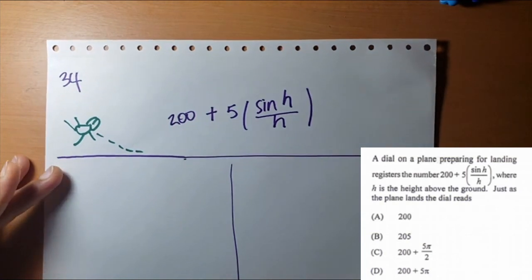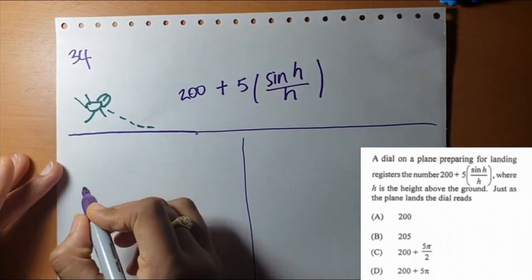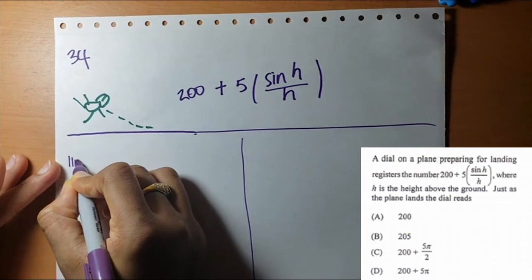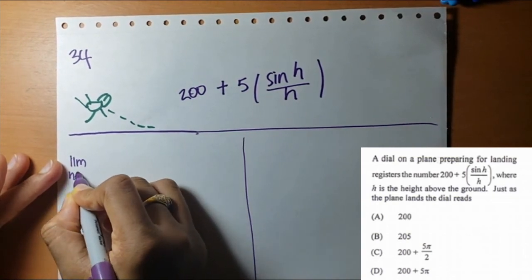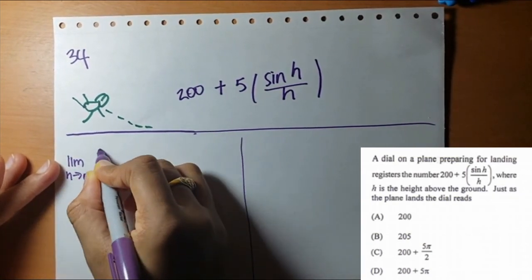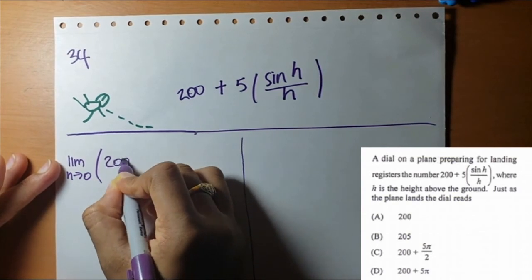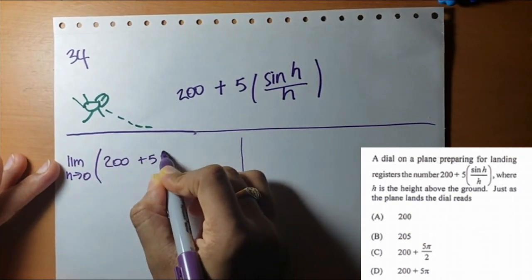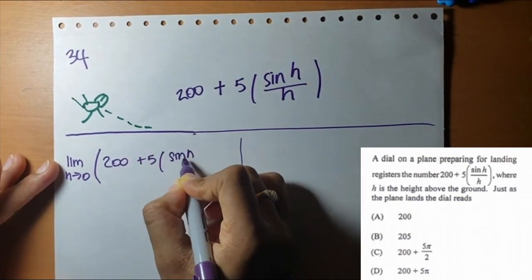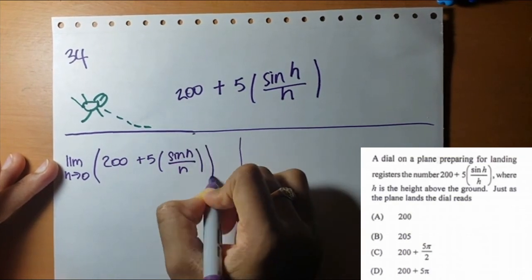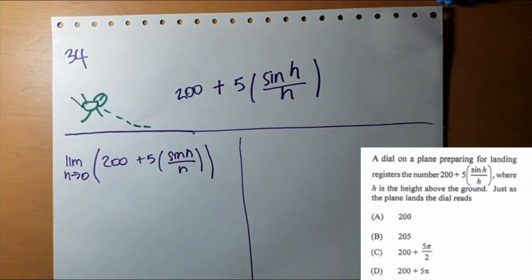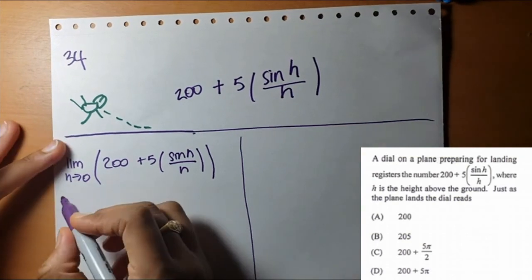First thing we're going to have to say is the limit as h approaches 0 of the entire thing, so that's 200 plus 5 sine h upon h. Now, the limit of a sum is the sum of the limits, so we can break it apart.